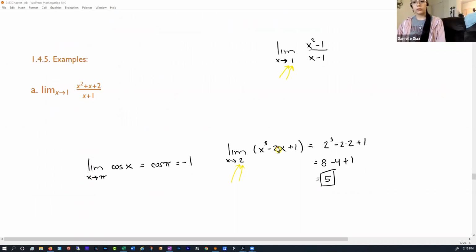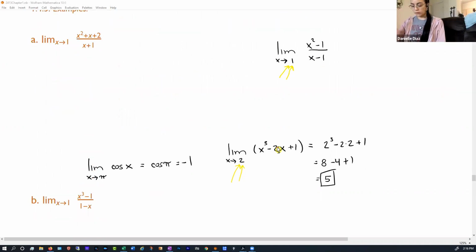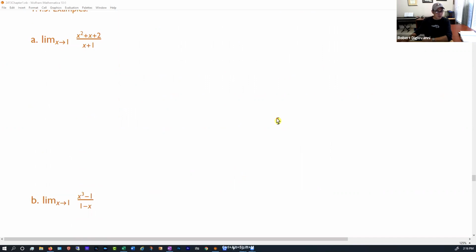I want everyone here to just look at those and see. I'm going to let you work on your own. I'm going to give you about 3-4 minutes to see if y'all can figure out whether you can use direct substitution here or not. That's basically the question. Can you use direct substitution? Yes or no? If you can, go ahead and do it. If you can't, just say can't use it.